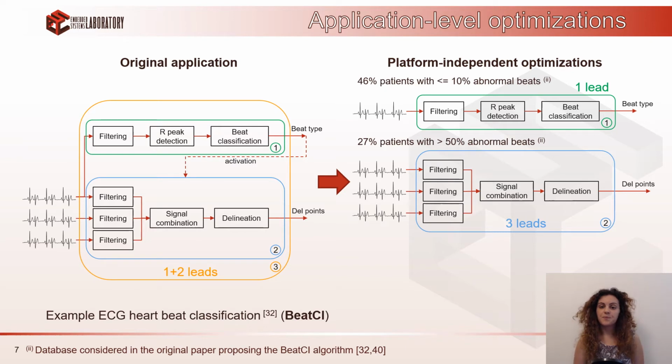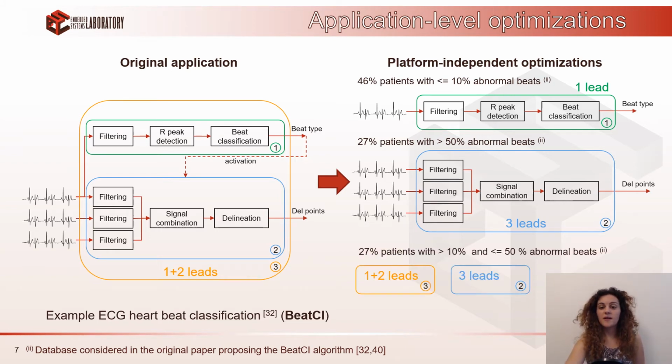For these, running the 1+2 application is way less convenient than always running the 3-lead delineation. So in this case, and in the case of the rest of the patients, based on a threshold that can be trained for each patient, we can choose between running a full 3-lead delineation, a single lead, or 1+2 leads.